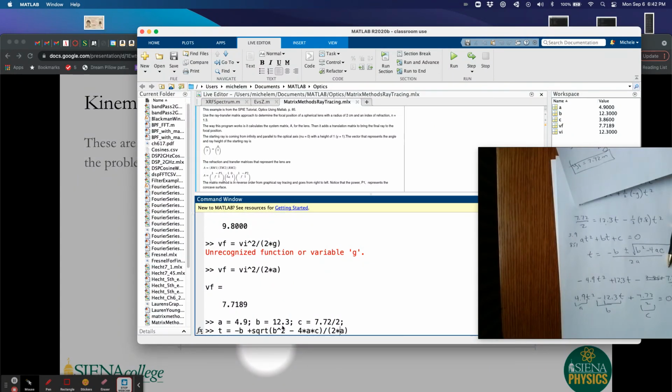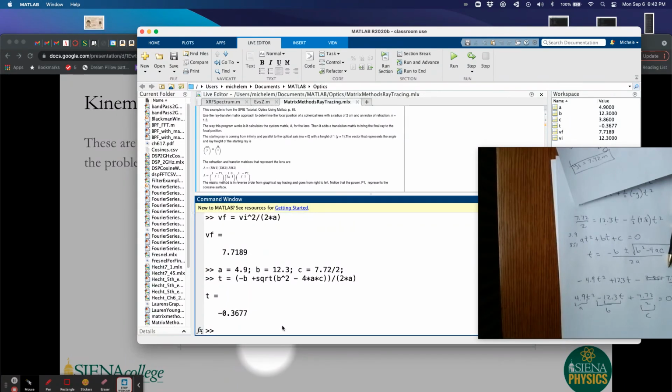And I need to add in parentheses here because the whole thing needs to be divided by 2a, not just that square root term. And so I get a negative 3.64. And now if I do the same thing with negative b minus, I get a negative 2.14. Both answers are negative, so that's a problem.